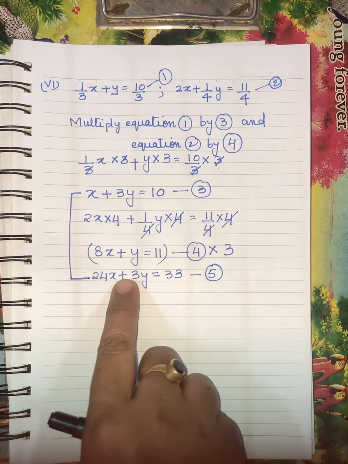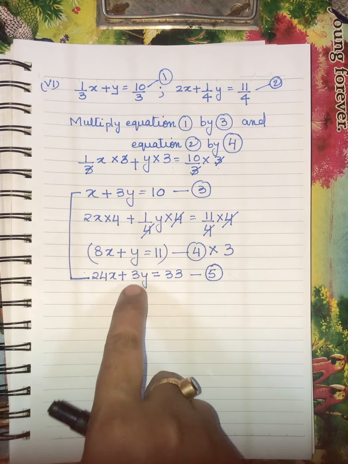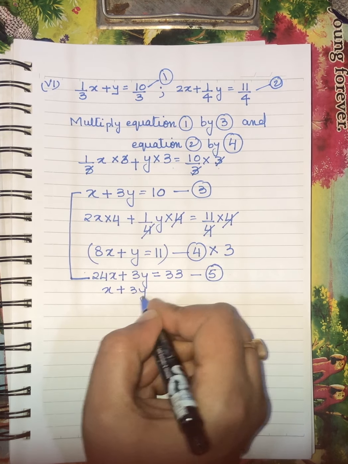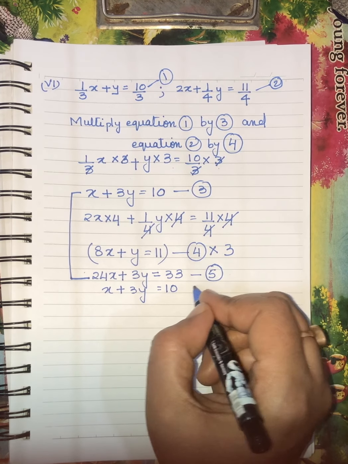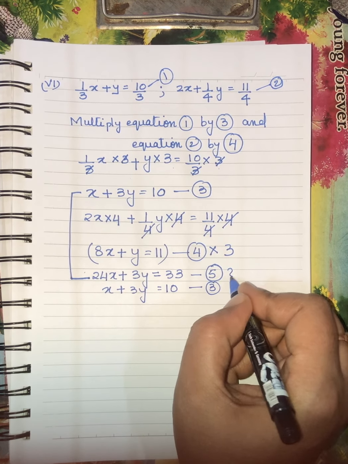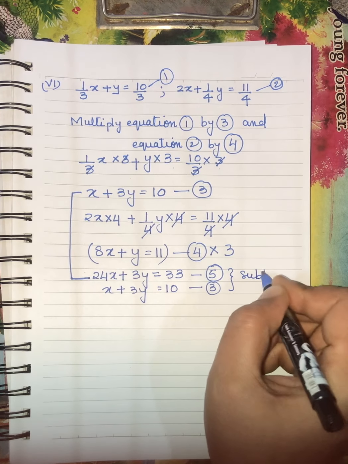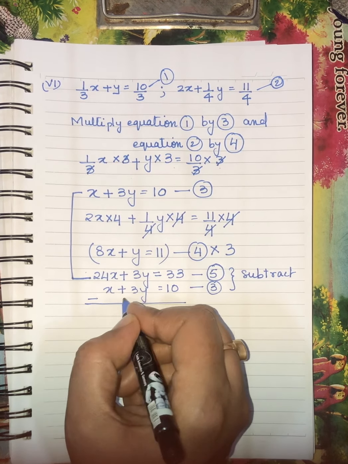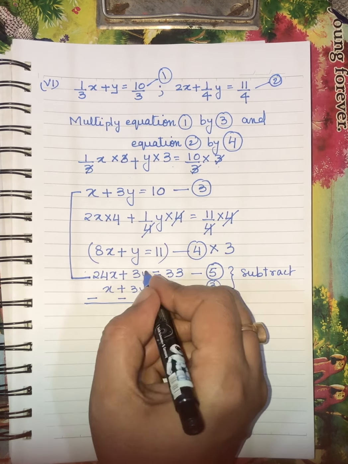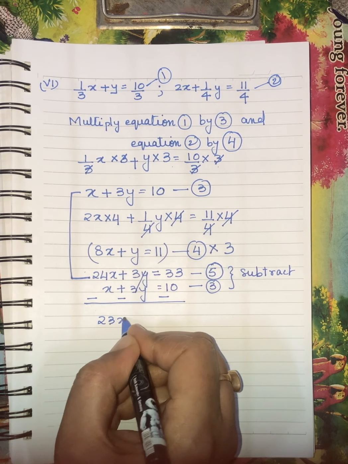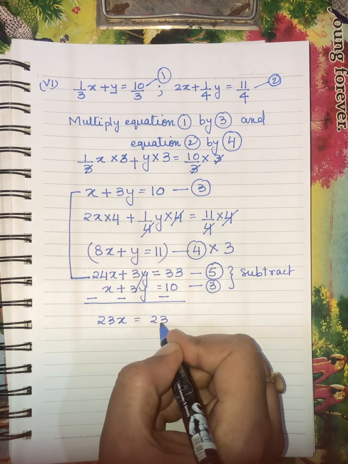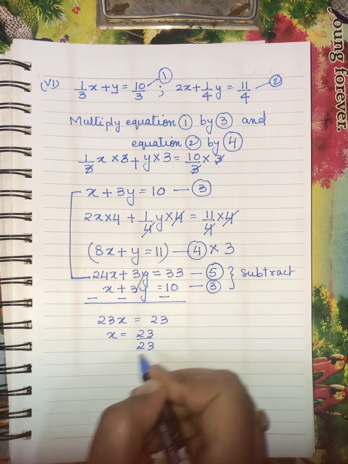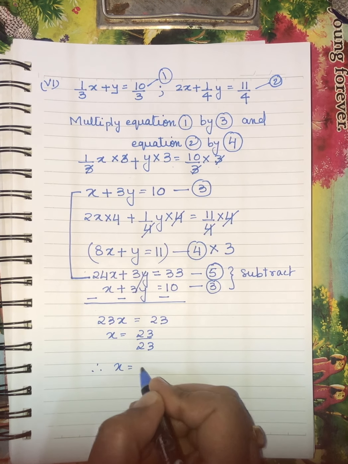Having the same signs, we want change of signs, so subtract. Subtraction will give you 23x, y will get cancelled, is equal to 23 again. So x is equal to 23 upon 23, hence x is equal to 1.